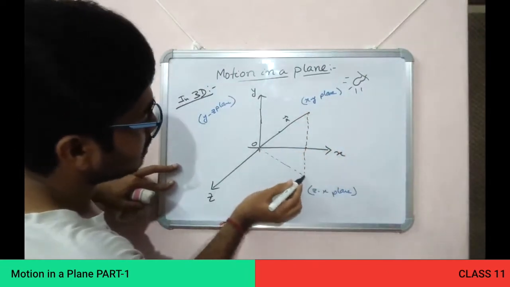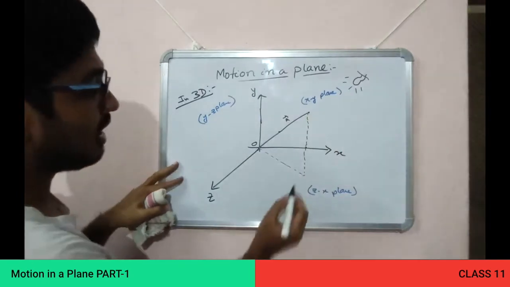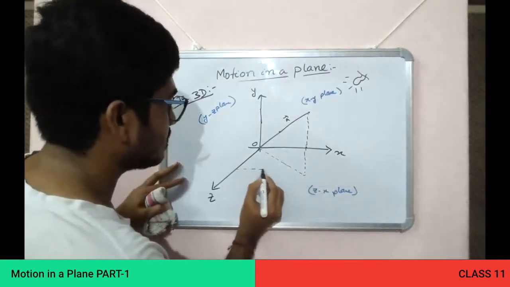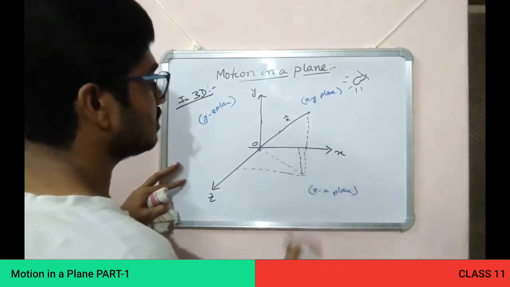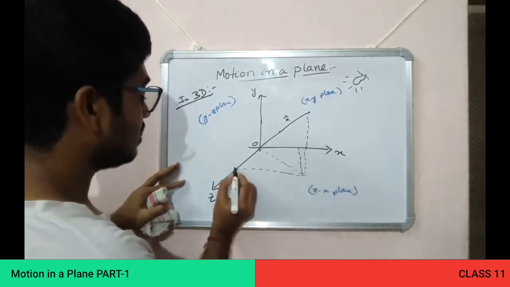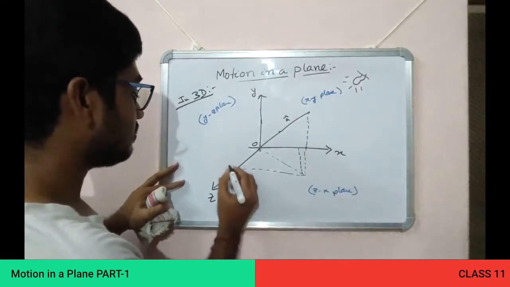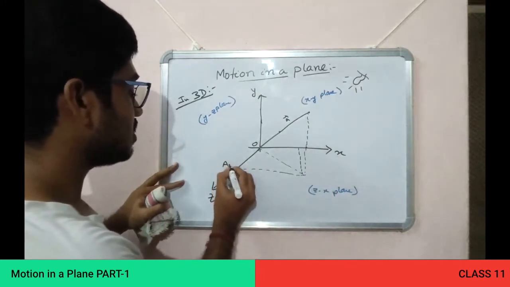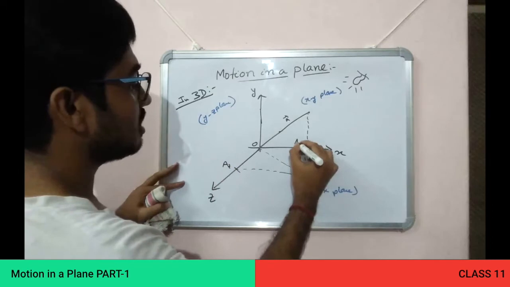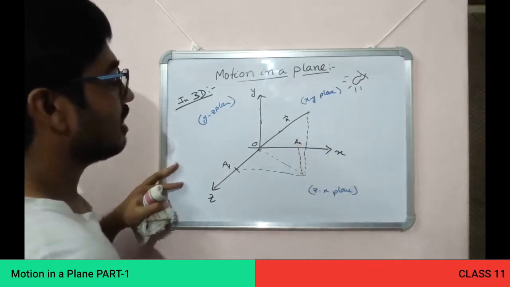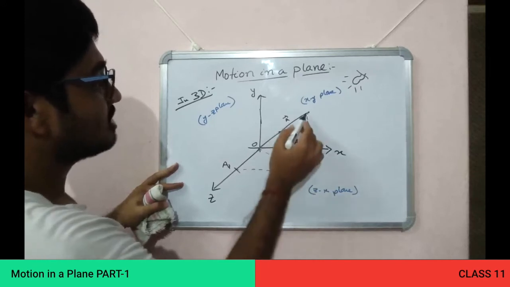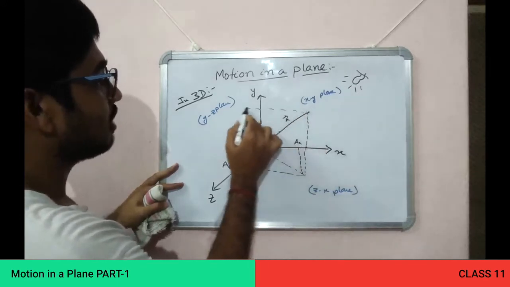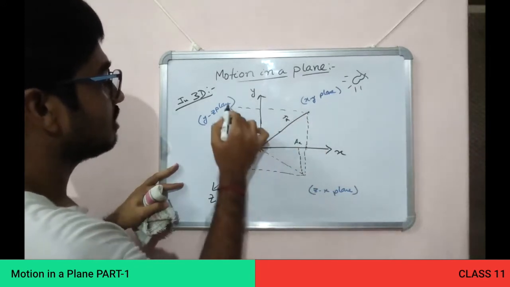the XZ plane, and this projection must have a coordinate value at this and this. So this is AZ, this is AX, and this must have a value position here.